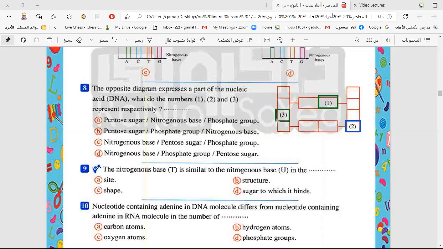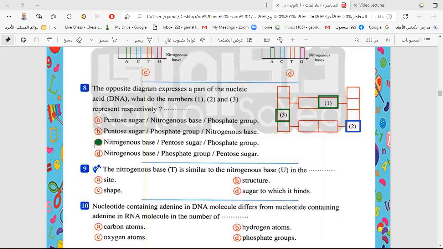So 1 is nitrogenous base, 2 is a pentose sugar, 3 is a phosphate group. So the correct answer will be C.